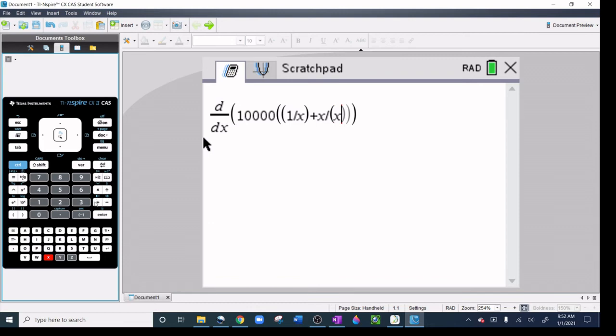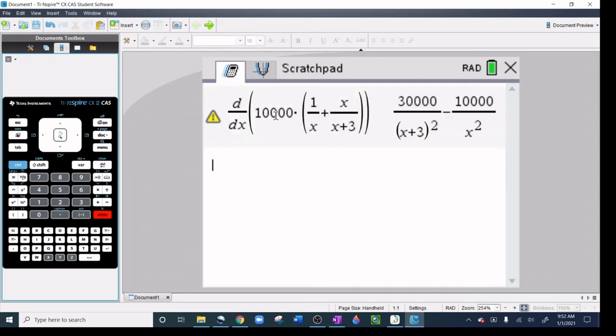I want to put the parentheses around the X plus 3 because I need to show that X is dividing by the whole thing. Then I have another parentheses over here, and then we hit enter. And you can check if we did this right, like 1 over X plus X, and the 10,000 is multiplying with this whole thing, not just 1.